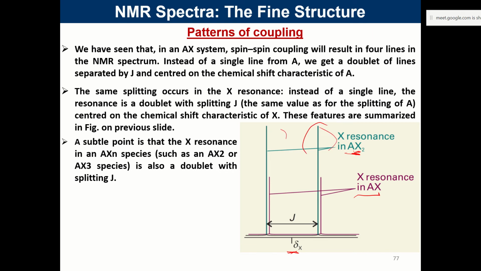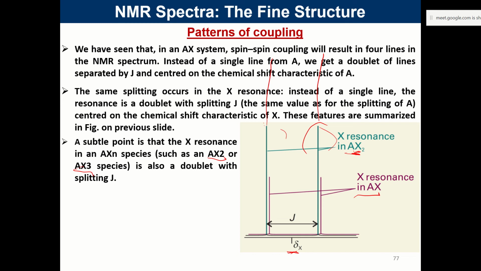In the same way, if you go from AX2 to AX3, again you can think of a rise in intensity at the two positions. So only the intensity is affected, the splitting is not affected.